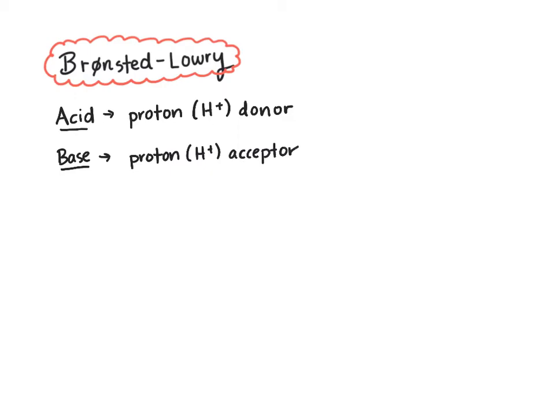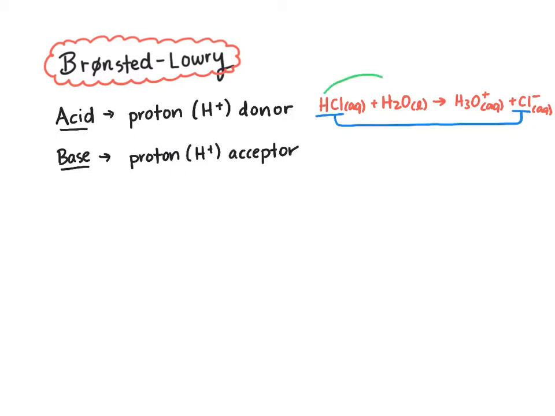If we look at the same reactions as last time, if I look at HCl and still react it with water, the same reaction we saw on the last page, we form H3O+ and chloride, Cl-. What's happened here is that HCl has lost a proton, and that proton has been transferred to water, which has gained a proton.